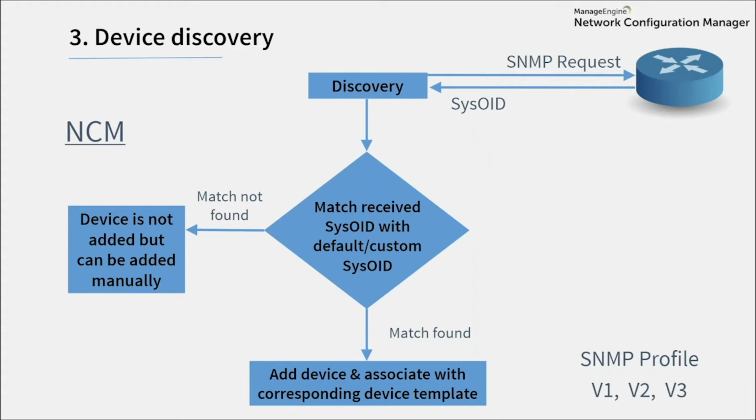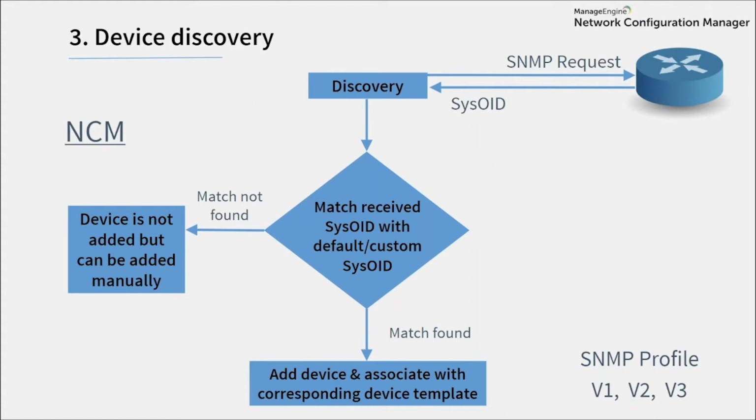NCM checks this subject ID, and if a match is found with an already existing subject ID in the NCM database, the device is immediately associated with a device template and added to the inventory. But if a match is not found, the device is not added, but then you can add it manually, and I'll be showing you how you can do this.